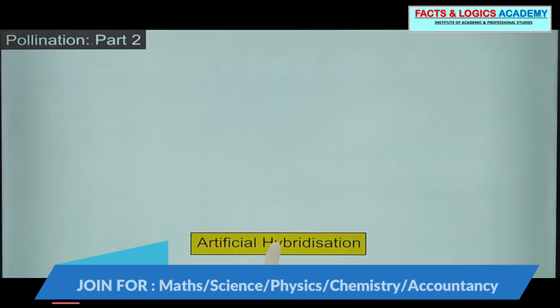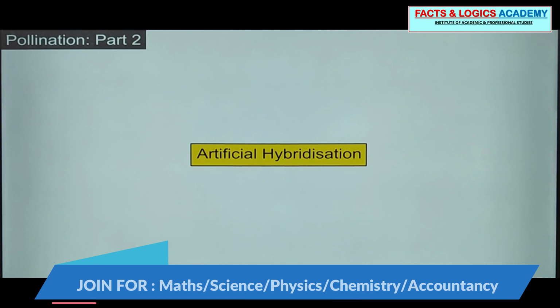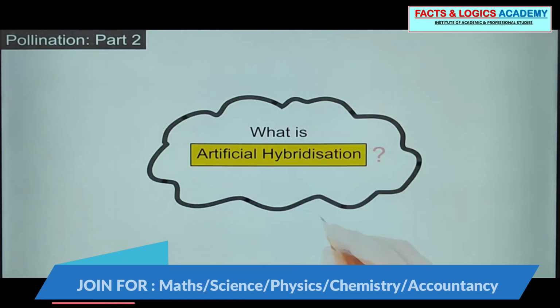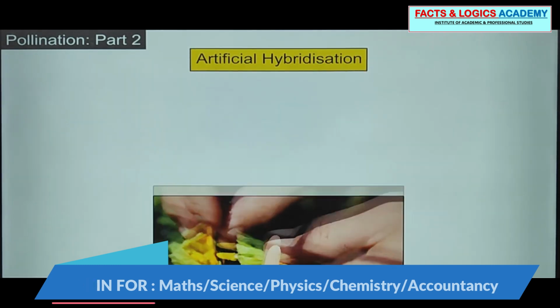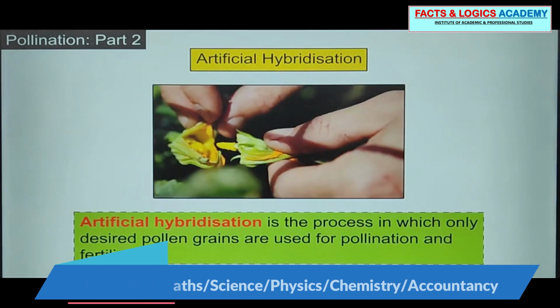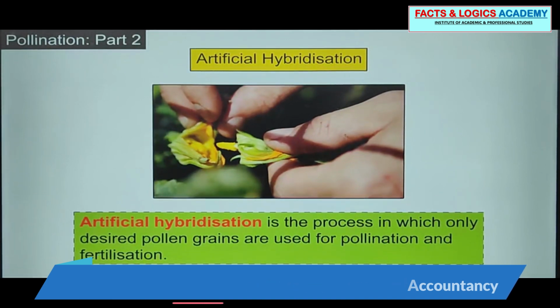You might have heard of artificial hybridization, right? So, what is artificial hybridization? Well, artificial hybridization is the process in which only desired pollen grains are used for pollination and fertilization.